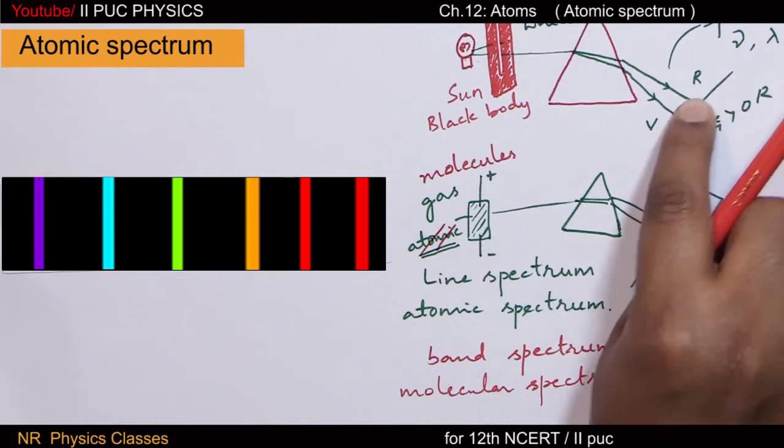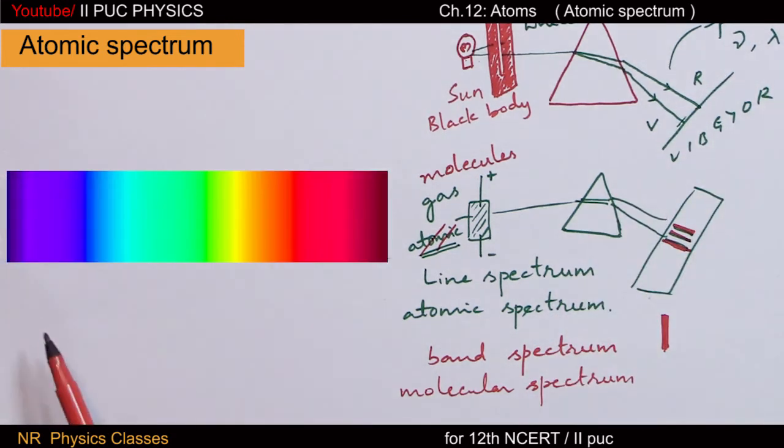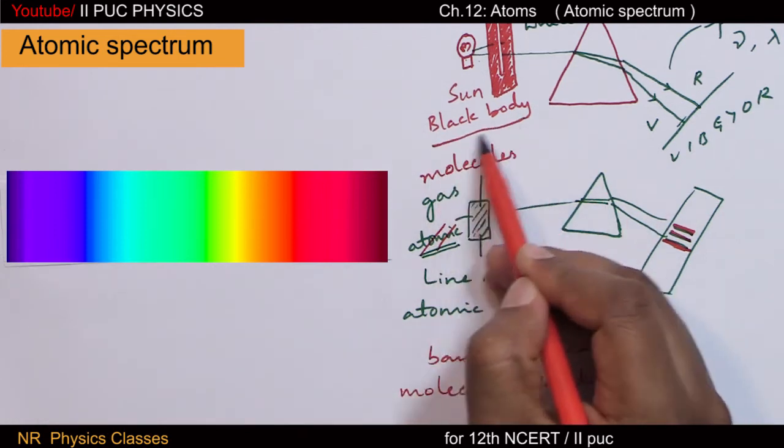We find almost all colors means this is how the spectrum looks like. You can find almost all wavelengths, almost all colors, ranging from violet to red. So this is called continuous spectrum. Continuous spectrum is characteristic of black body.